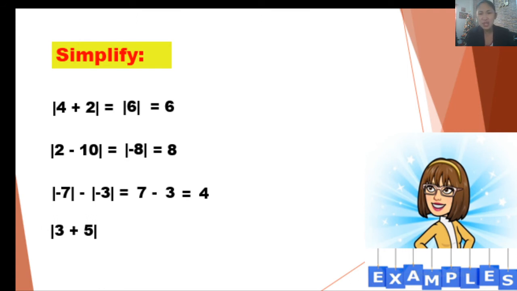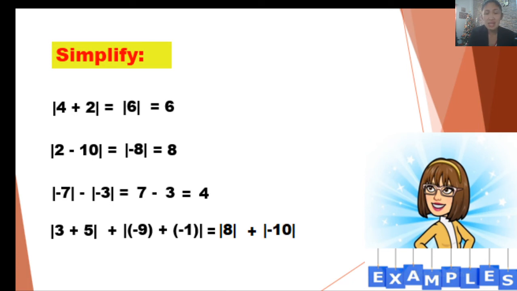Okay, let us have another. The absolute value of 3 plus 5 plus the absolute value of negative 9 plus negative 1. Again, you simplify it separately. We start with the absolute value of 3 plus 5. You add the numbers, so it is equal to 8. The absolute value of 8, plus, you add negative 9 plus negative 1.